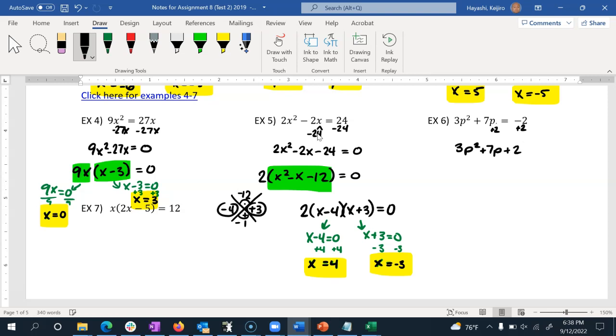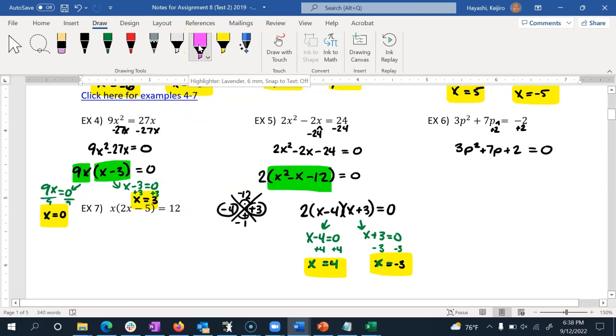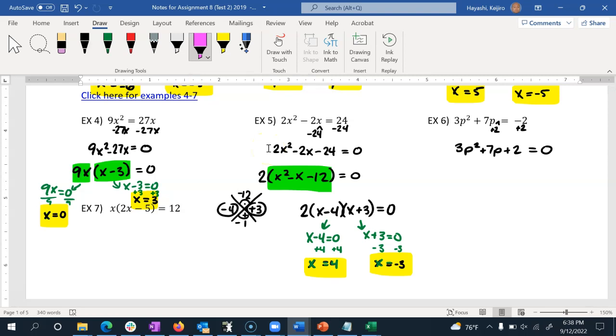Let's just add that 2 onto the end of the p squared and the p term. Now, we can't deal with that 3 by factoring out, because 3 is not a factor of 7, nor is 3 a factor of 2.